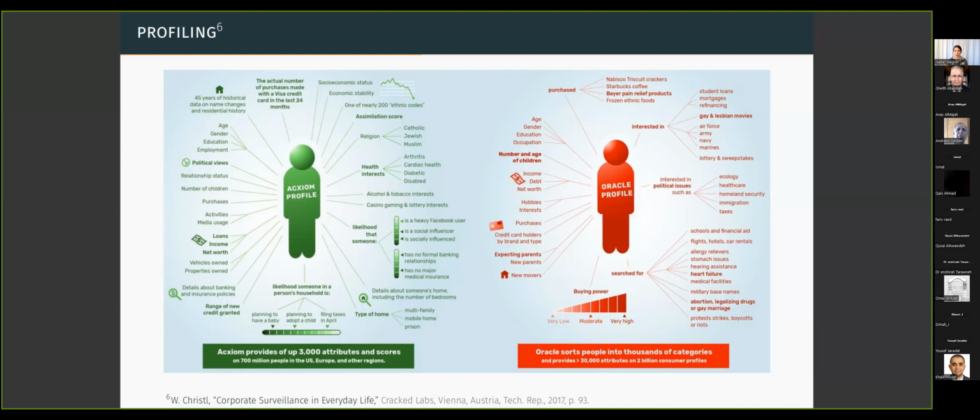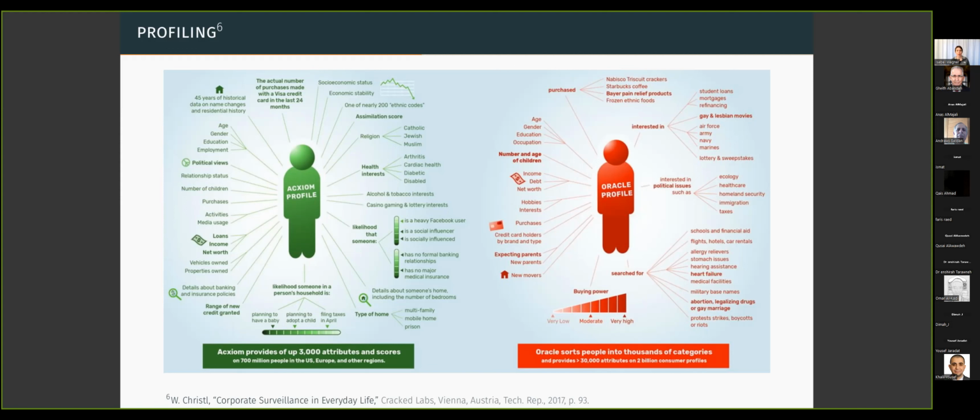And on the Oracle side, you can see similar things, maybe some different focuses, but essentially put together, this is a highly detailed view of what these companies believe individual users' lives are like. And then, of course, they can use this to try to influence those users in some way or another. The easiest way to influence is, of course, to sell them ads that they might react to.